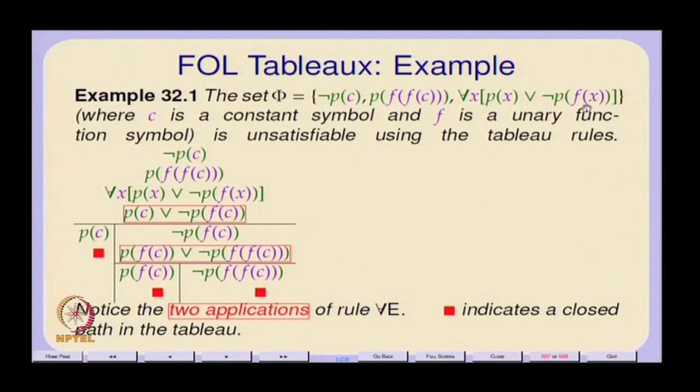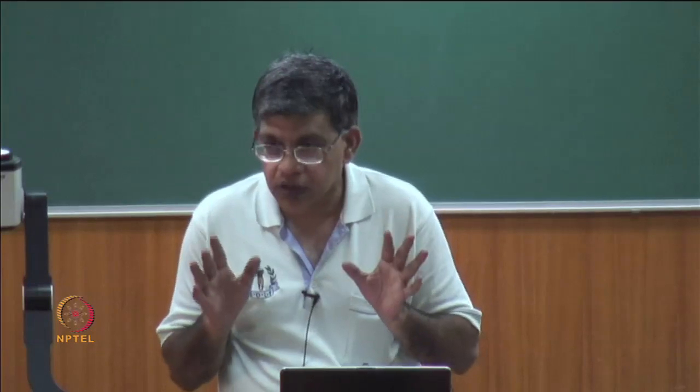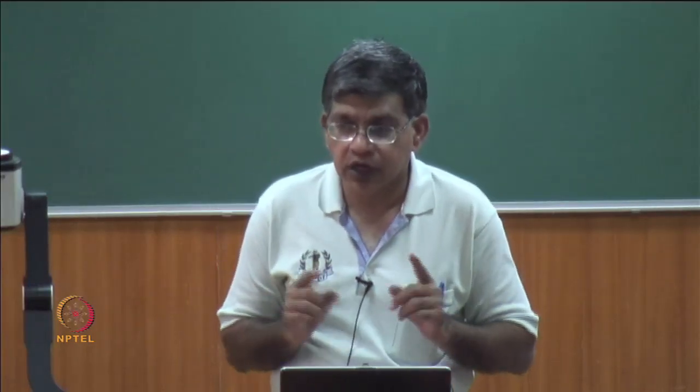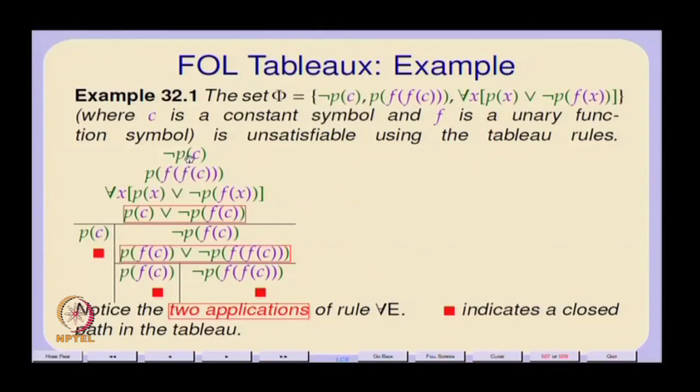Now this set is unsatisfiable. You can prove it by some other means, through unification, through resolution, whatever. But let us look at a Tableaux proof and what it involves, right. We first list out all the formulas, so this is a tree, by the way.